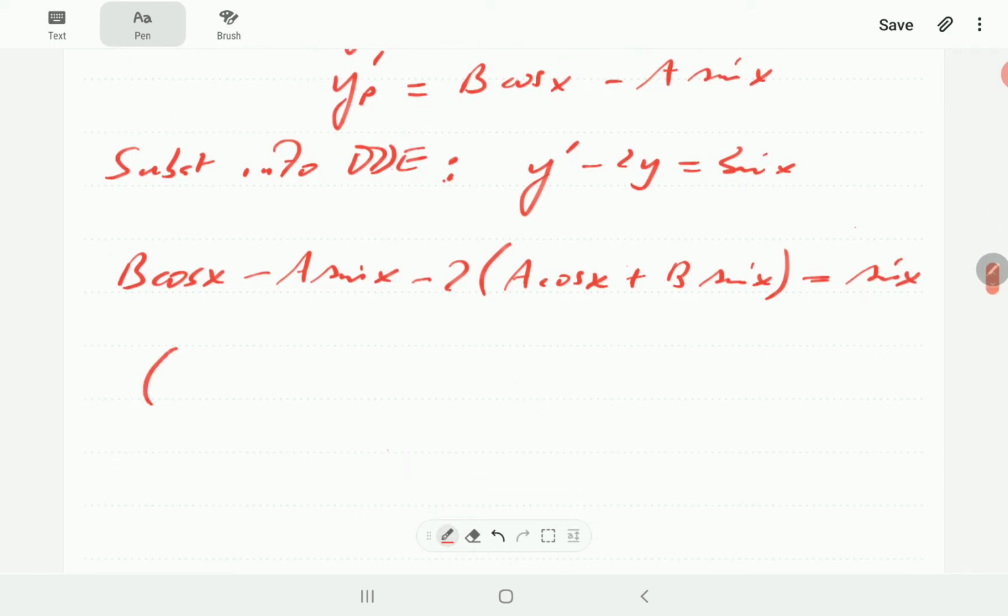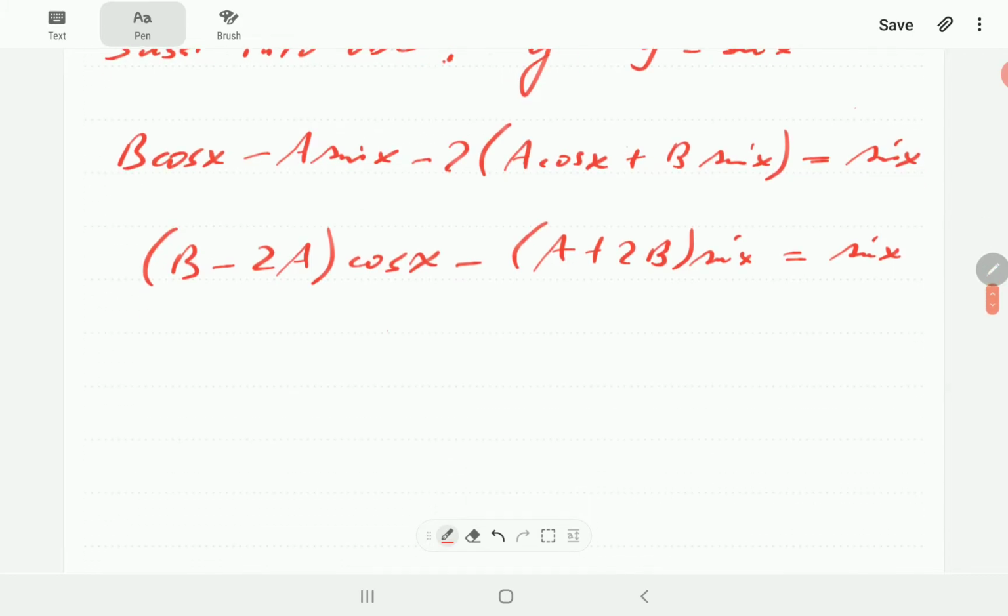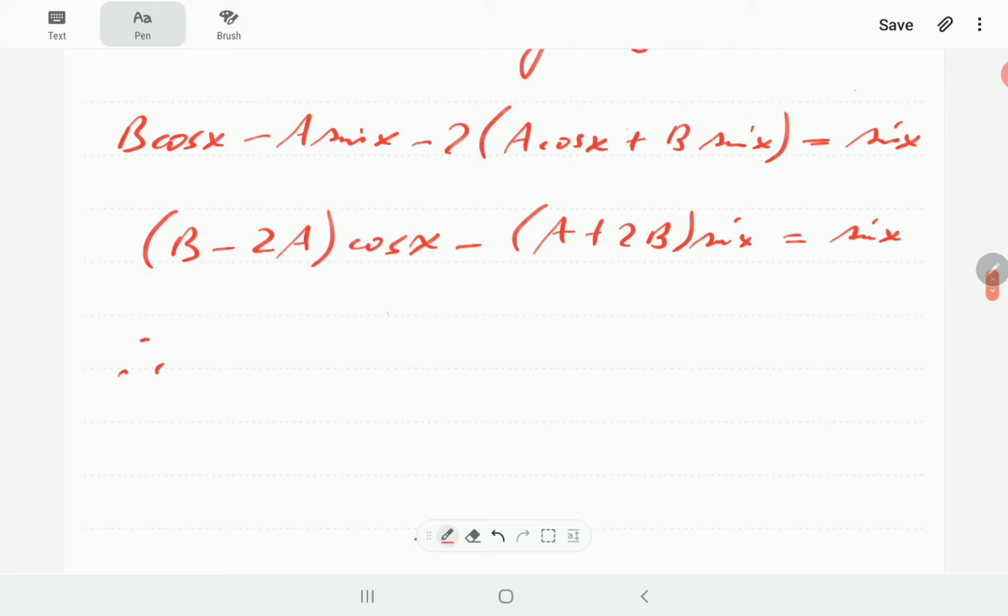Collecting terms, we're going to have b minus 2a times cosine x, and then minus a plus 2b times sine x. Then comparing coefficients of sine and cosine, on the left hand side, the coefficient of cosine is b minus 2a.